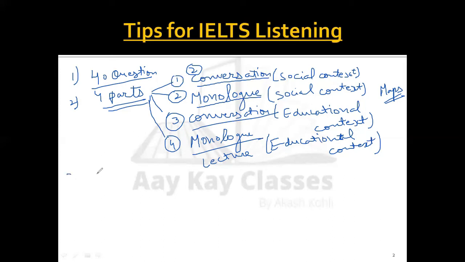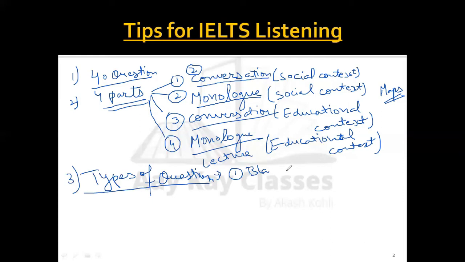Now the third part, the types of questions. Blanks are these type of questions in which you need to fill some blanks. The second one is multiple choice questions, or we can say it as MCQs, right?